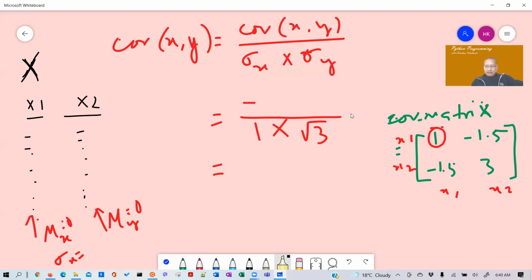Rather sigma squared is variance, and sigma is the standard deviation.